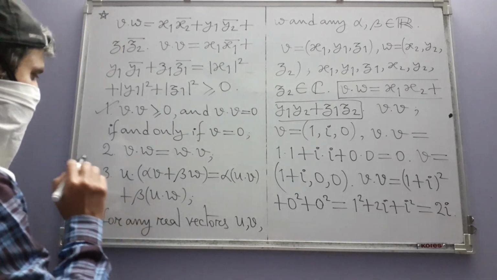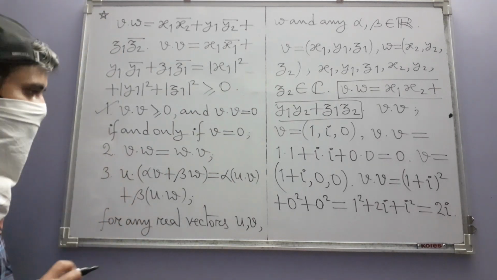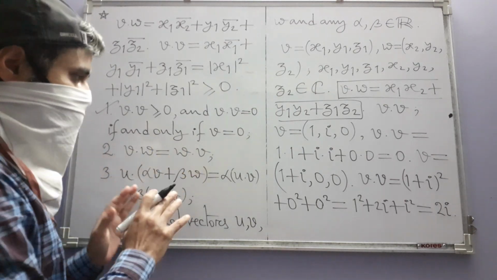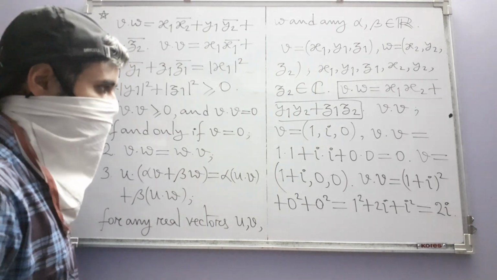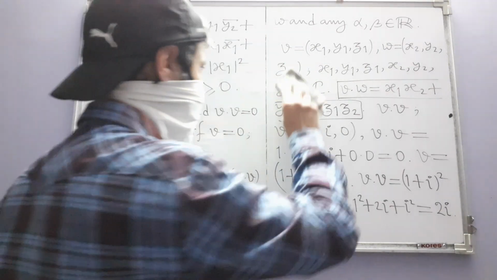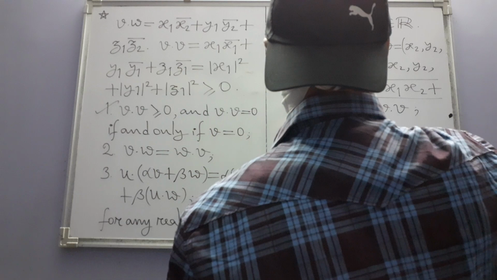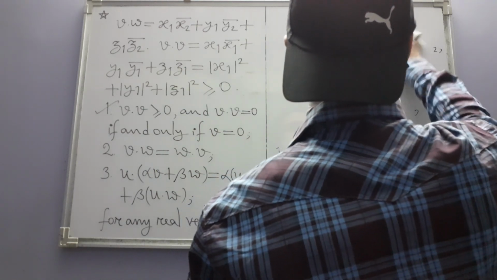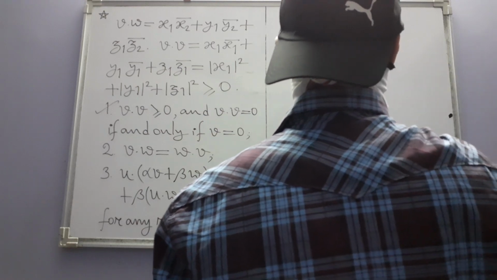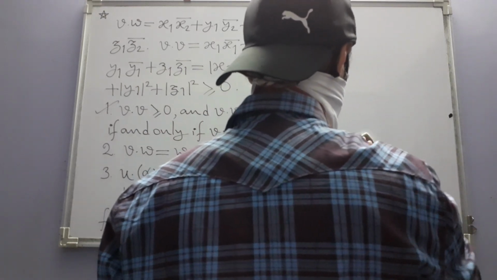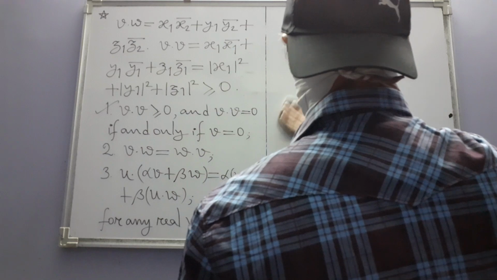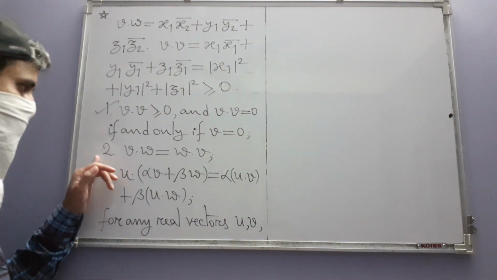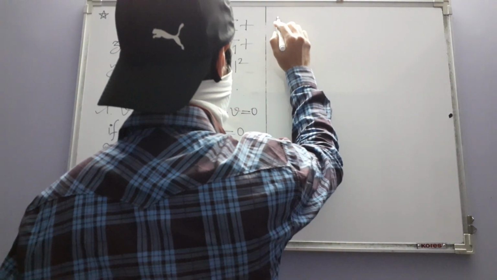However, we do lose property 2. Actually, we do not lose property 2, but it has to be modified slightly this way. Instead of having 2, now we will have this.